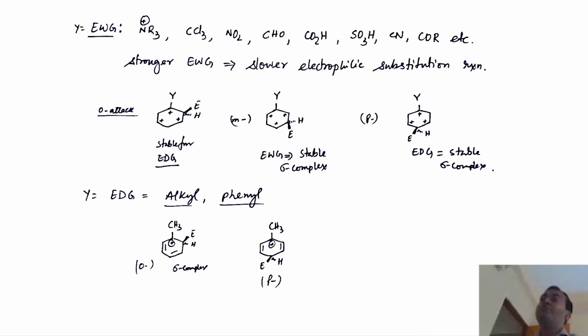Electron withdrawal can happen either by minus I effect or by minus R effect or by both. So these are electron withdrawing groups. If this is an electron withdrawing group, that means it will lead to the meta orientation as the major product.